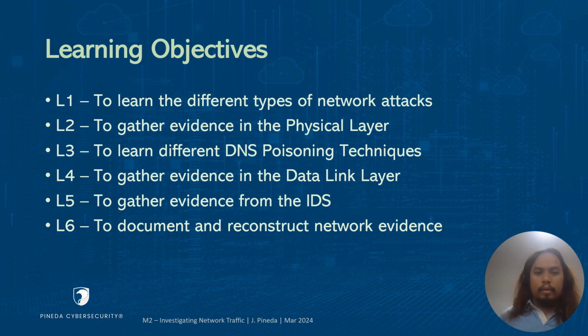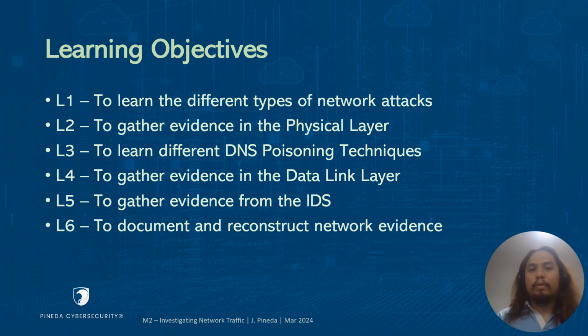And then the next one would be to gather evidence in the physical layer and then learn the different DNS poisoning techniques. Okay, so the fourth one is to gather the evidence in the data link layer and gather evidence from the IDS. And lastly, to be able to document and reconstruct the network evidence.